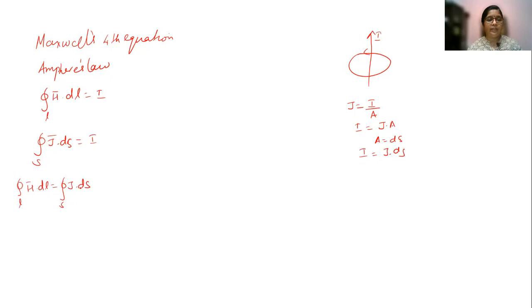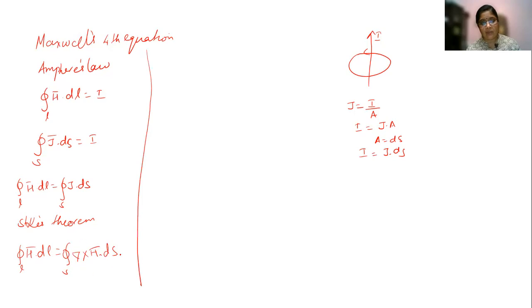Now I am going to apply Stokes theorem, which we did in the last law itself. I could write that the line integral of H dot dl is equal to the surface integral of curl of H into ds. This is Stokes theorem. You have already seen it.